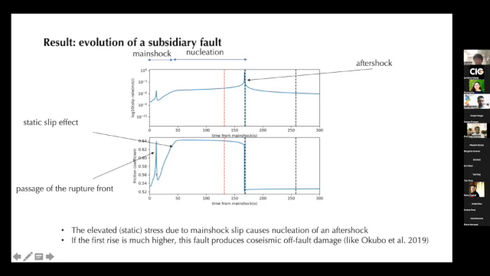One interesting thing in this plot is the effect of the passage of the rupture front. In this case, it is not large enough to instantly cause an aftershock. But if this is much larger, the fault would produce co-seismic fault damage.